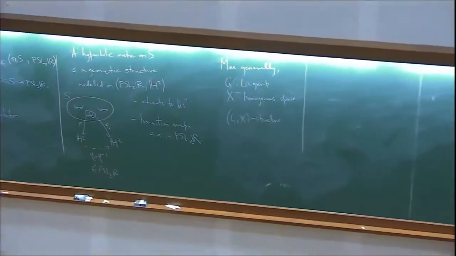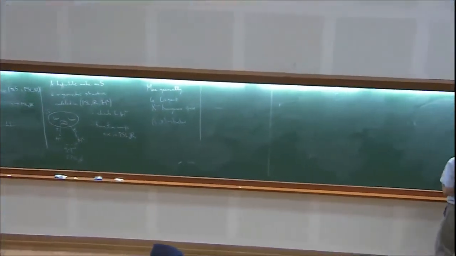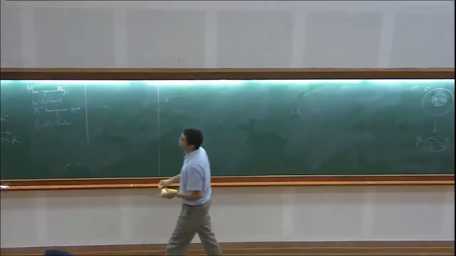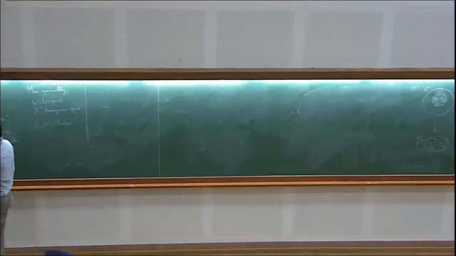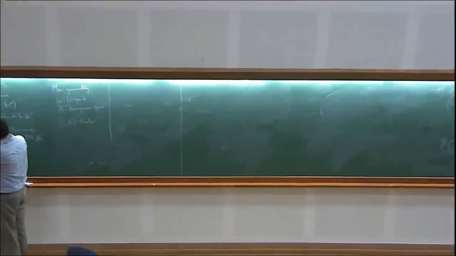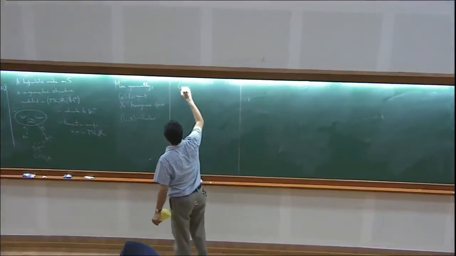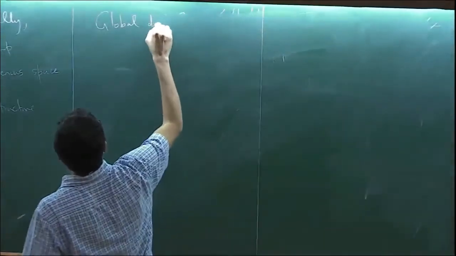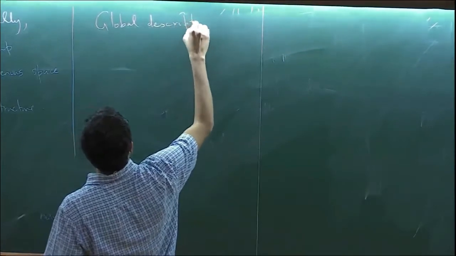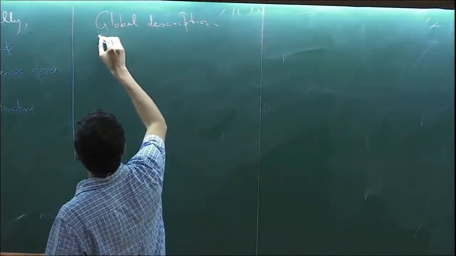If you have such a geometric structure, let's say a hyperbolic structure, this is the local description. You have these charts to H2, but you can extract from it a more global description of the structure, which is equivalent to our local description.